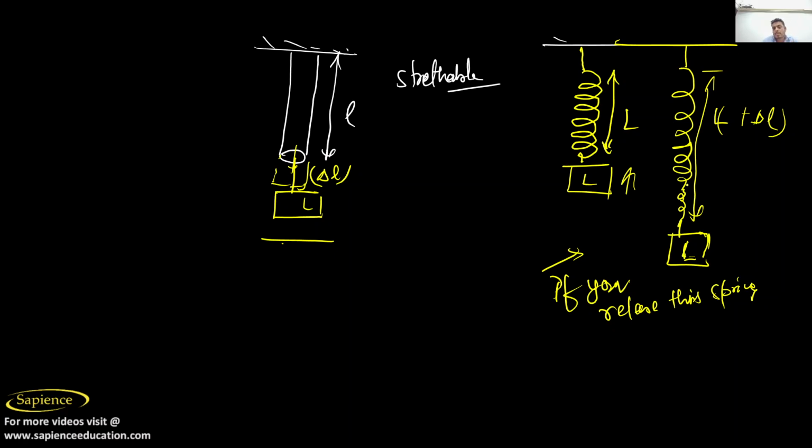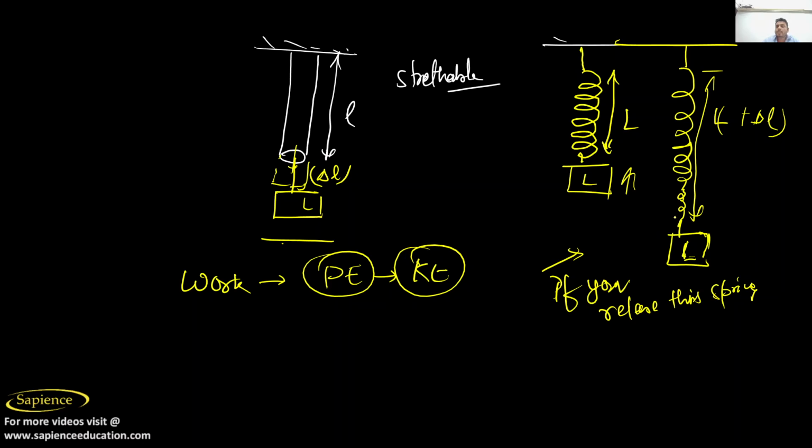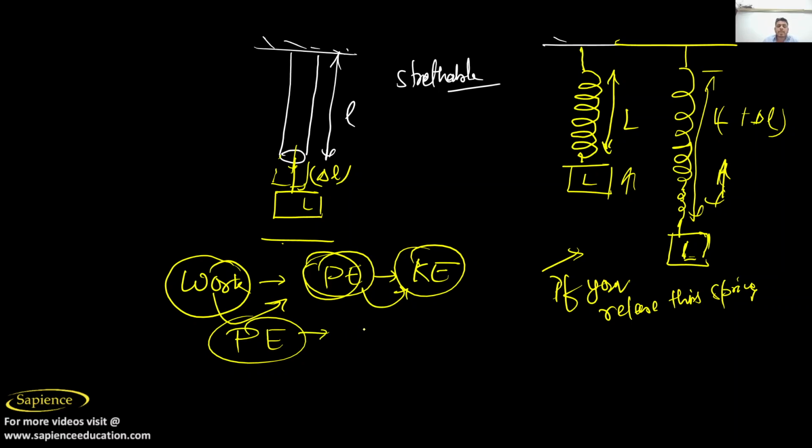So your work got converted into potential energy. And as soon as you leave it, this potential energy gets converted into kinetic energy, because a spring will move up and down like this. So the work you do gets converted into potential energy, and potential energy gets converted finally into kinetic energy. So now the question is how much potential energy is stored in any stretched wire.